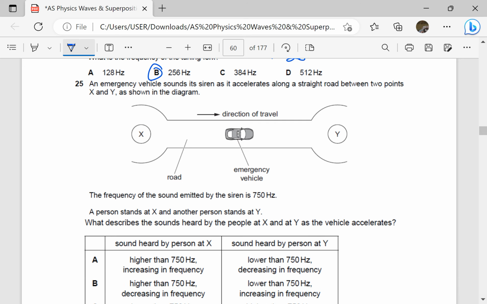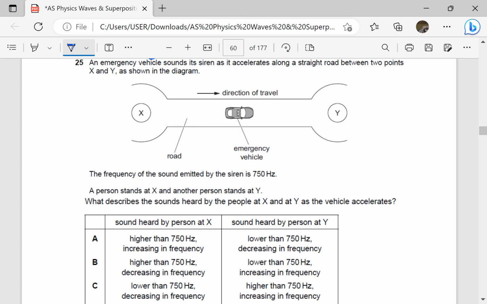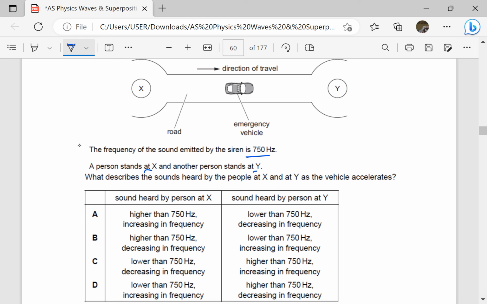An emergency vehicle sounds its siren as it accelerates along a straight road between 2 points X and Y, as shown in the figure. The frequency of sound emitted is 750. A person stands at X and another stands at Y. What describes the sounds heard by the people at X and at Y as the vehicle accelerates?